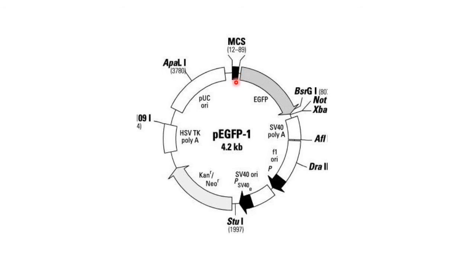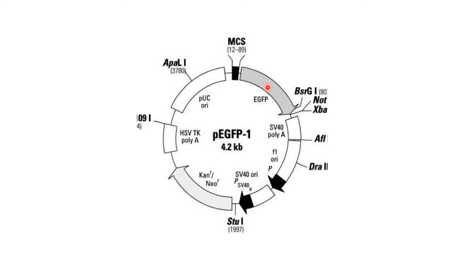The host cells will carry out transcription, and the genes, these two genes, the gene of interest and the green fluorescent protein gene, are placed in such a manner that when transcription occurs, it is going to produce one messenger RNA, which corresponds to both of these genes. When translation of this messenger RNA takes place, it will produce a single polypeptide containing the protein of interest as well as the green fluorescent protein.